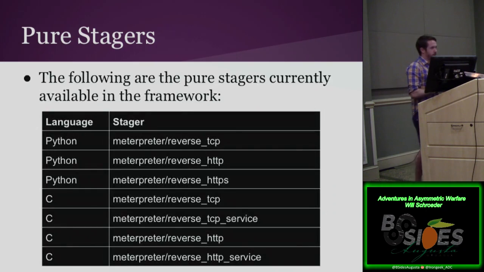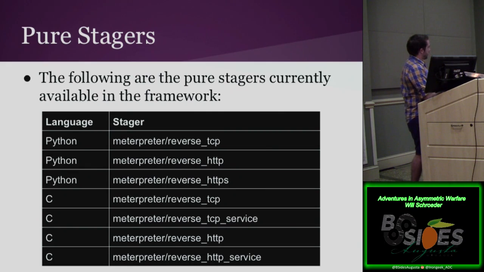So we started writing a bunch of these stagers in different languages. We have Python interpreter stagers over TCP, HTTP, and HTTPS. The HTTP ones are actually easier than the TCP stager, where all you do is connect to an HTTP handler, download a giant blob, which is either a reflectively injectable DLL or shellcode, and then you just jump execution to it.